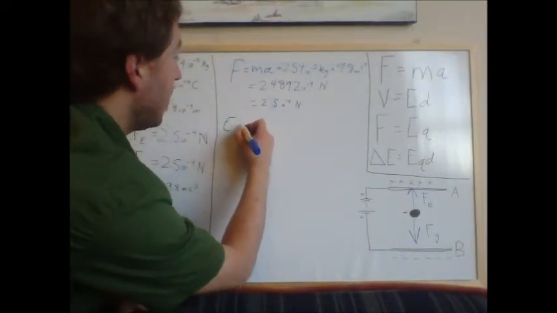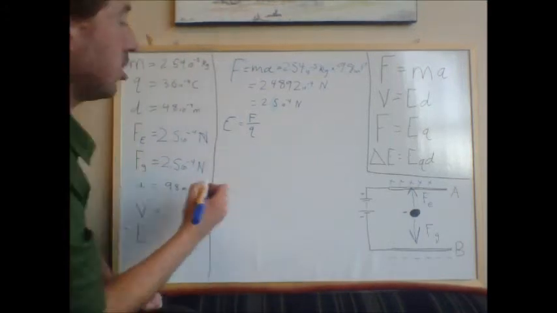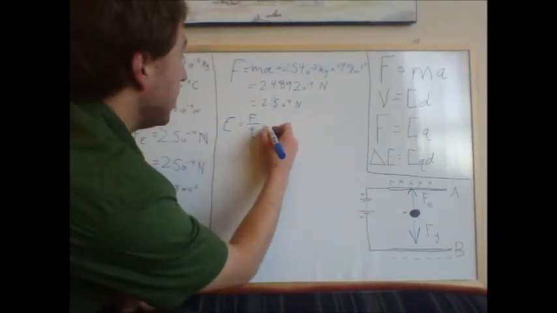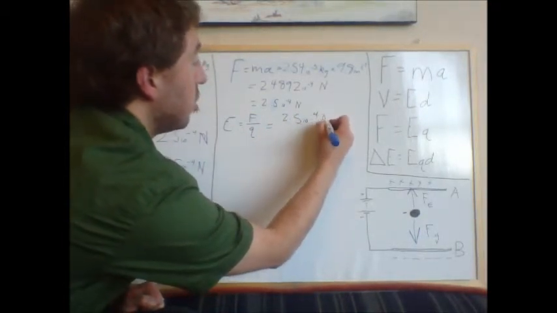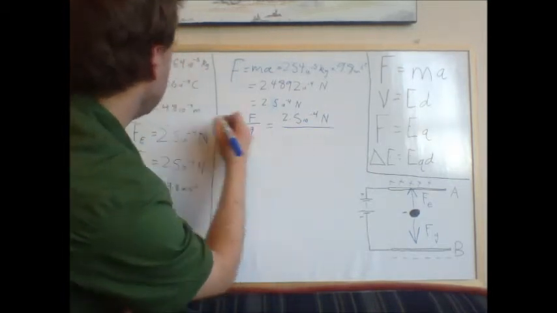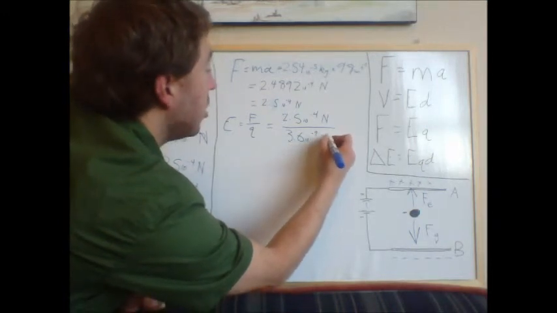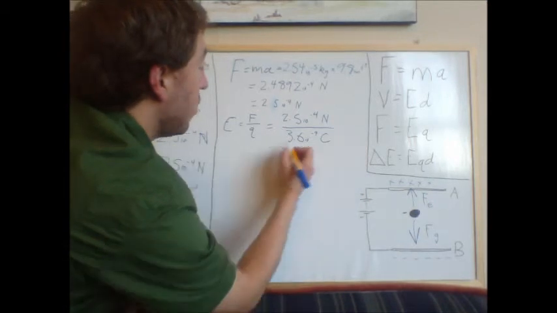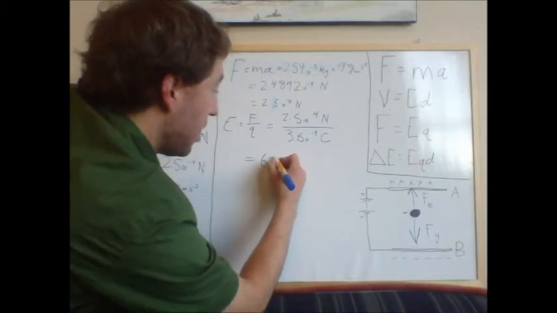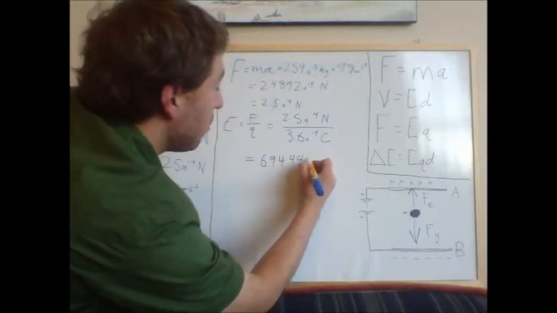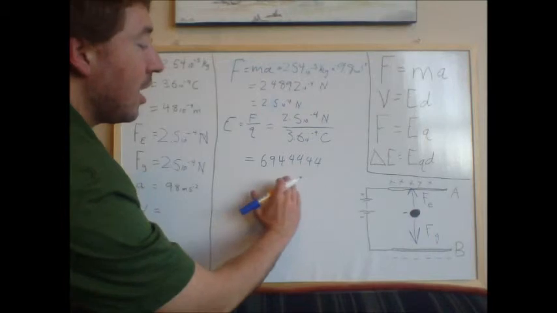strength of electric field E equals force over charge, F over Q, which is going to be 2.5 × 10^-4 newtons over charge, 3.6 × 10^-9 coulombs, which is going to give us 69444.44, but we don't really need that many places out here, right?